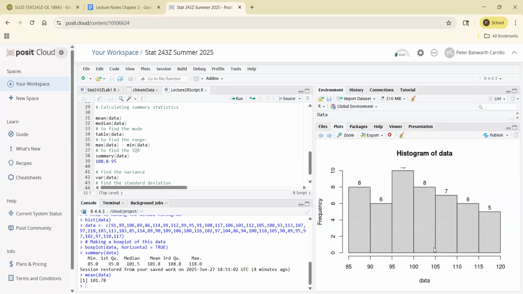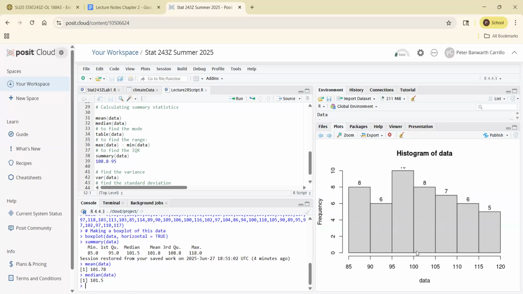The mean of the data, remember, is roughly the balance point if you were to balance it, and it's showing us the mean is right about here, just to the right of the 100 mark. The median of the data is 101.5, so the central value, the middle of our data set, is probably two numbers. It's probably 101 and 102, or maybe it's 100 and 103, something like that.